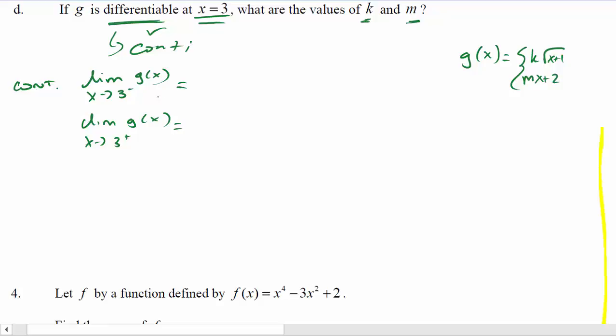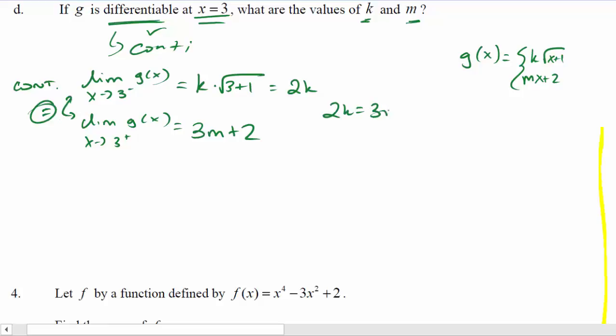So if I plug in 3 into the left side, I'll have k times the square root of 3 plus 1, which is really just 2k. And plug in 3 into the right side, which is mx plus 2, so that's 3m plus 2. Because I know it's continuous, I know that these two are equal to each other, so 2k equals 3m plus 2. That's important. Get a point for knowing that.